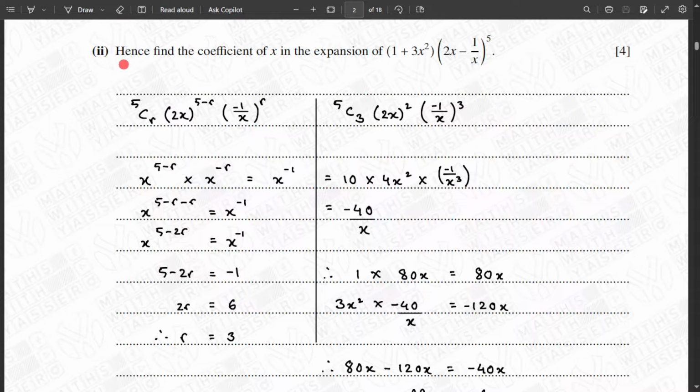In part 2, it says, hence find the coefficient of x in the expansion of (1 + 3x^2) times the expression that we were dealing with earlier.